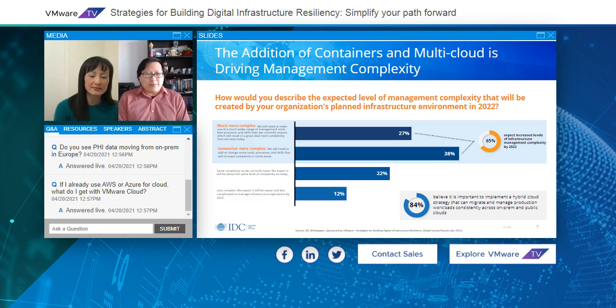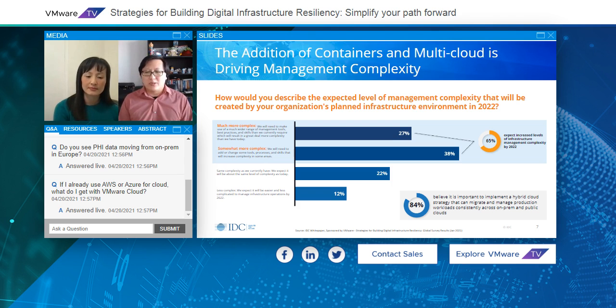So what's happening is that everyone is agreeing that the infrastructure complexity is growing, and so that's really going to cause management issues, right? The environments are more diverse. They're more distributed. You have all these new technologies like containers.